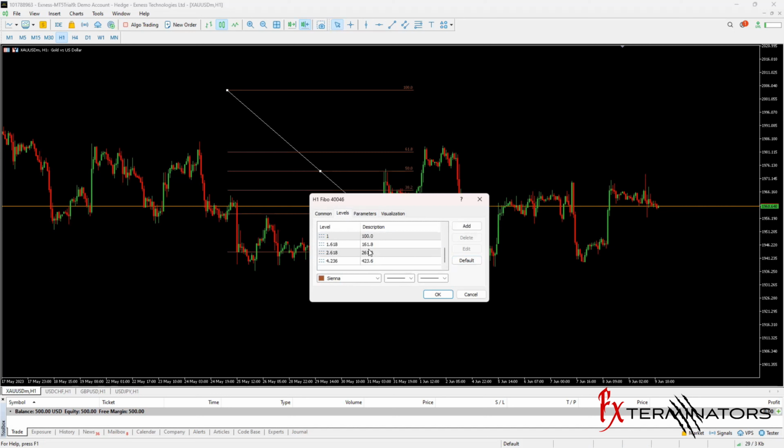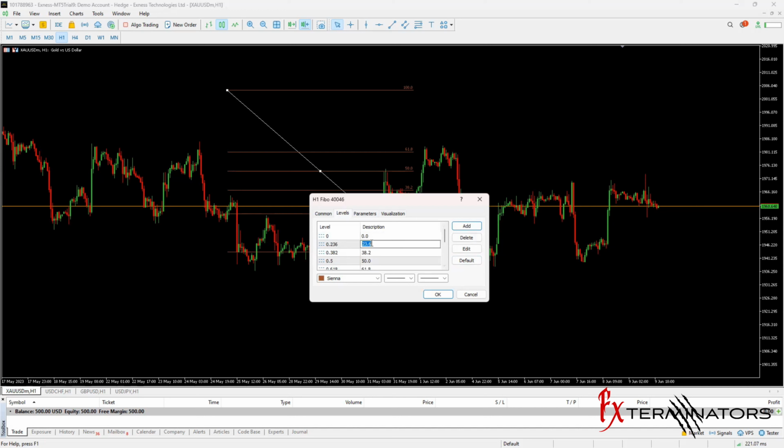The only level we're going to add on this Fibonacci is the 0.79 level. Under the description, I'm going to call it 79%. What I've done on the 0.79 level is what I'm going to do on the other levels: approximating it and turning it into a percentage. We ignore the 0.